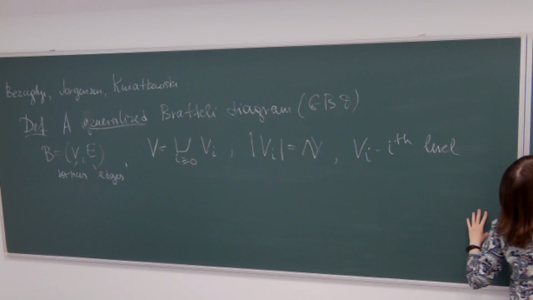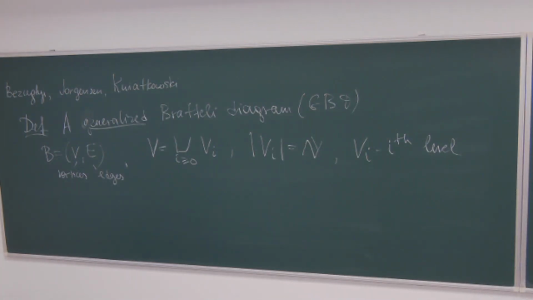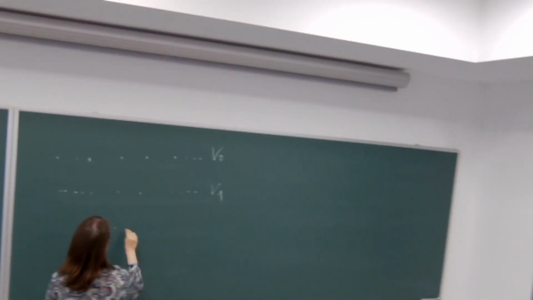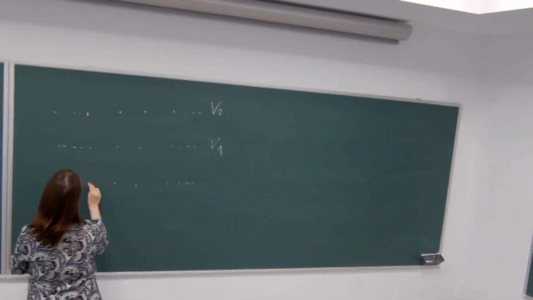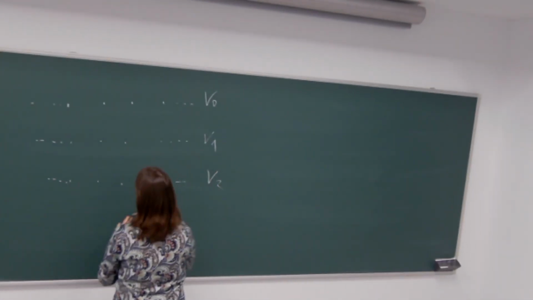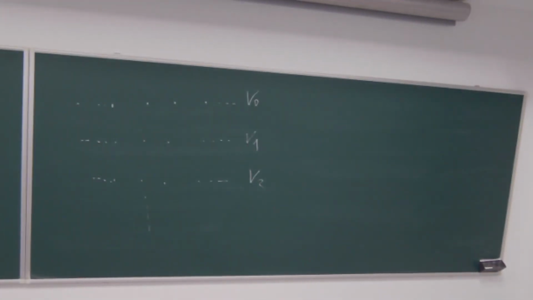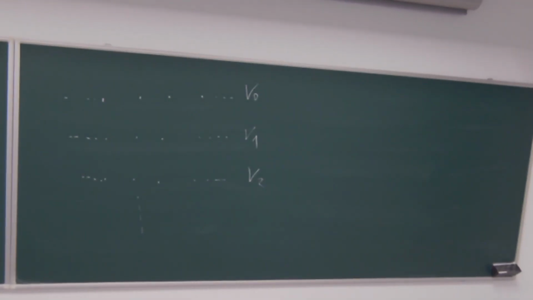So we have here V_0, V_1, and so on. And then the set of edges is also partitioned into disjoint subsets.